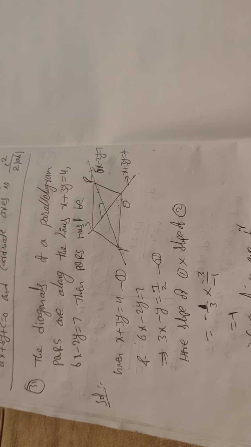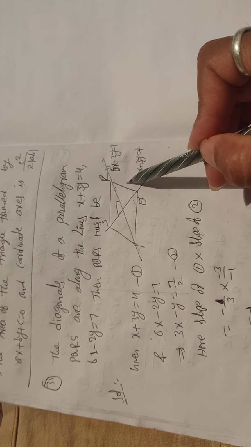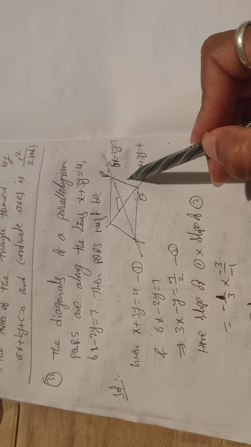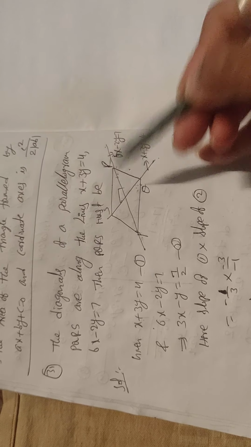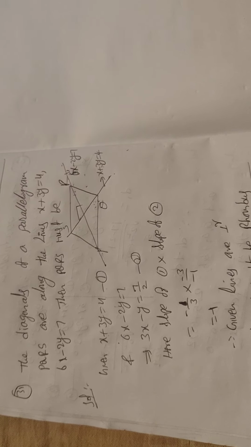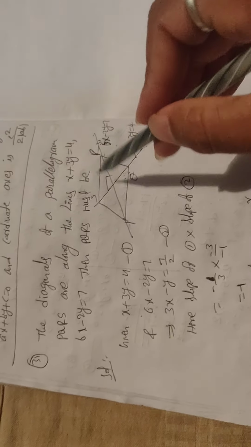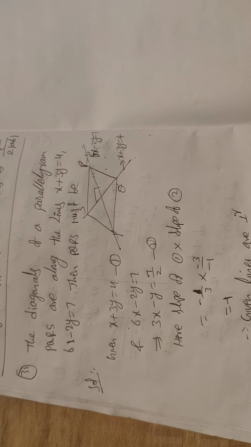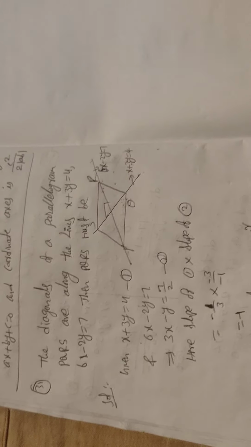Rhombus has least priority. The side lengths may be equal or may not be equal, we cannot decide. In rhombus diagonals are perpendicular to each other, so we can opt rhombus only, don't opt square. To say square, it should satisfy that sides are equal, but we cannot decide with sides from the given information. Okay, so that is the answer for this question.